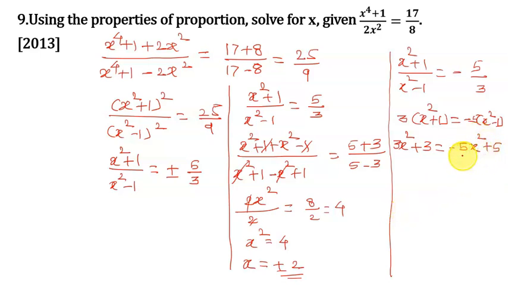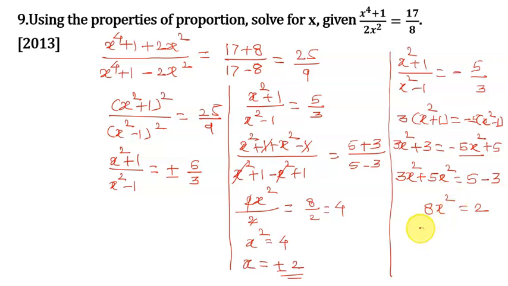Next simplification, shift this -5x² to the right hand side. Then you will get 3x² + 5x². Next is 5 - 3, then you will have 2. Now 3x² + 5x², you will have 8x².